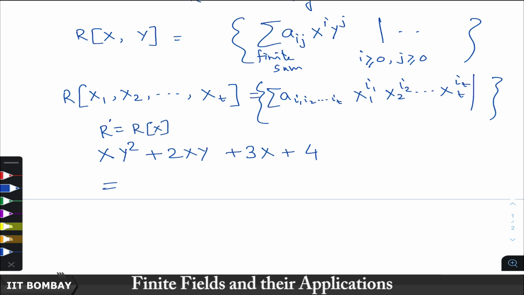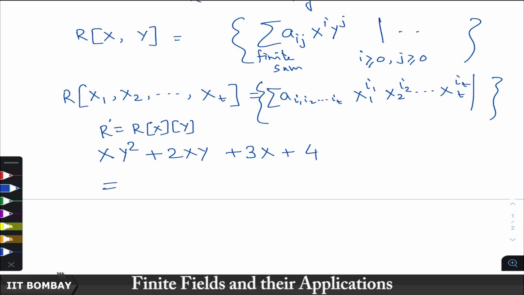First take polynomials over x, and then with coefficients from such polynomials, one can take another indeterminate and take polynomials over the variable y.